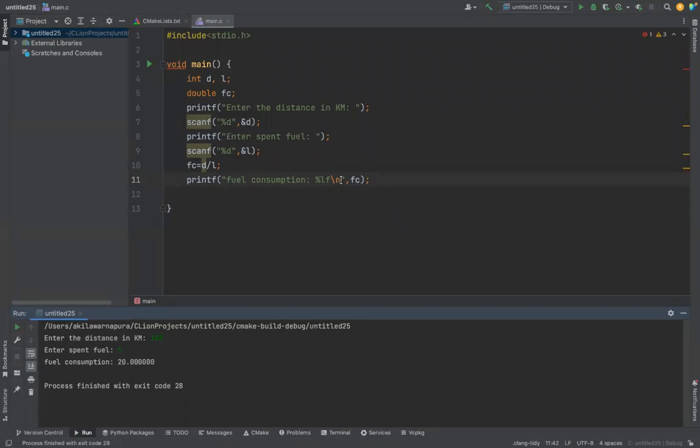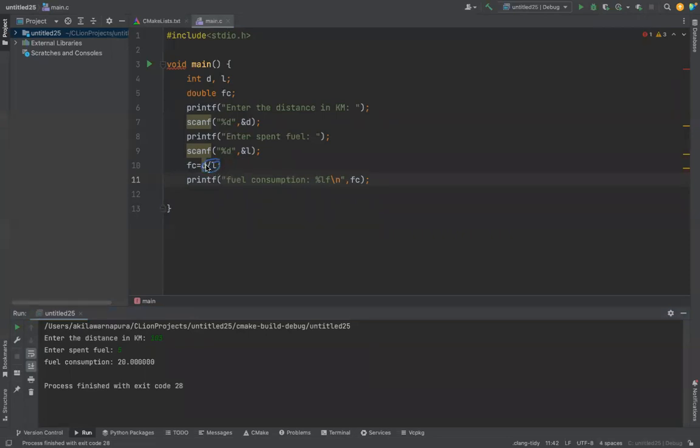Why? Because D, 103, is an integer value. L is also an integer value. Therefore, integer division. So if I explain that one, the integer division gives you an integer.